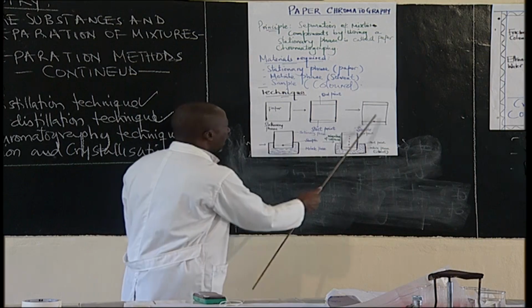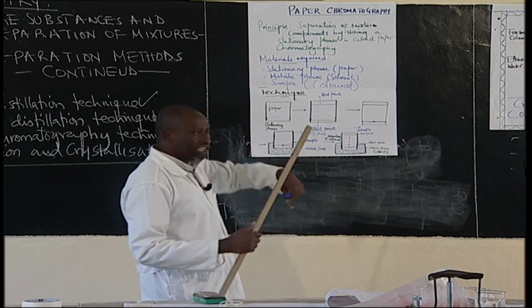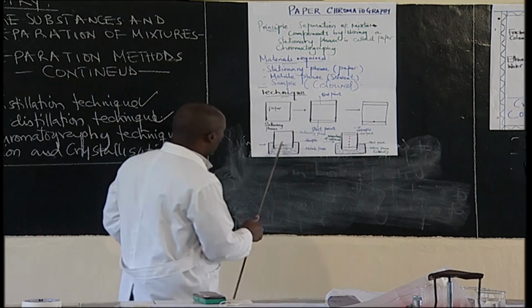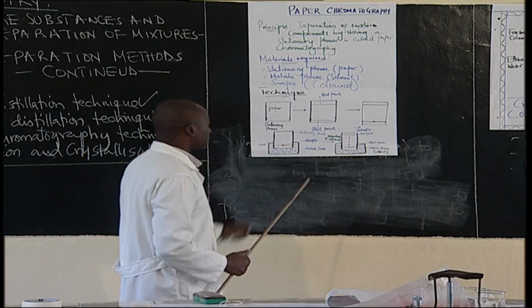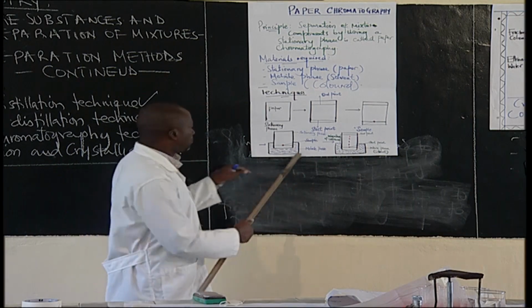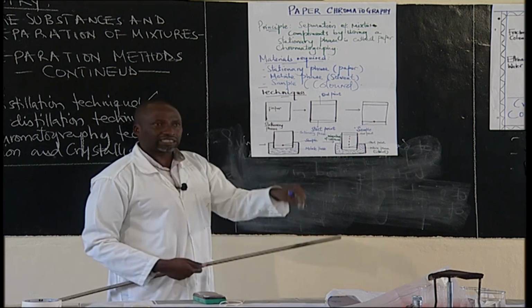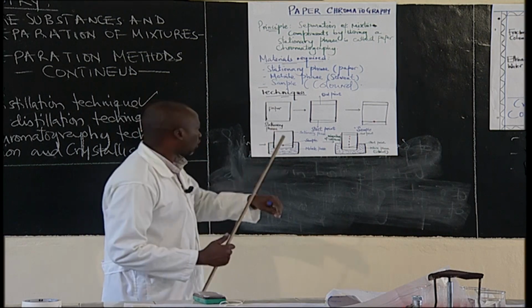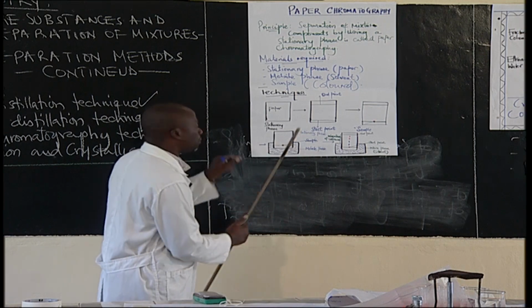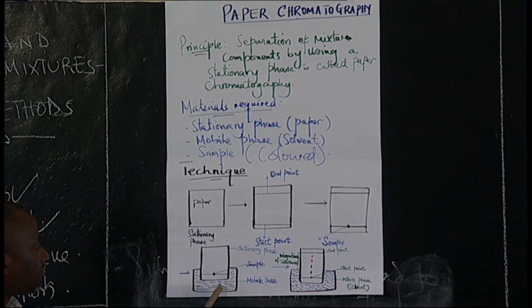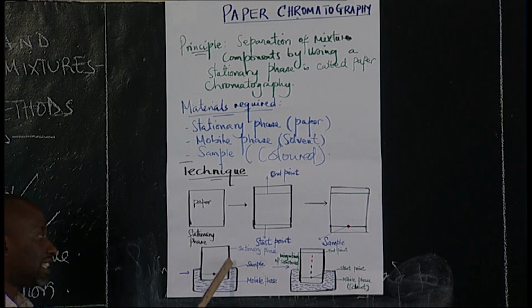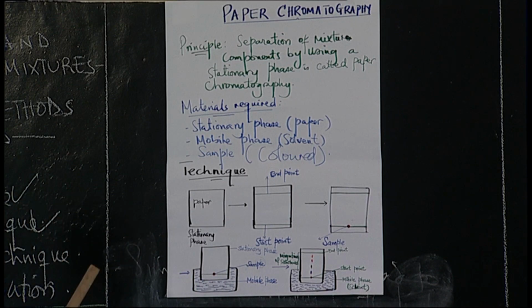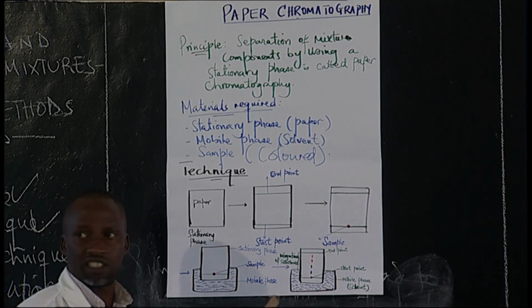After putting the sample, you insert the paper so that part of it is dipped into the mobile phase. That mobile phase is a solvent. You have the sample slightly above the solvent, on the stationary phase, which is the paper. What happens when it is inserted?